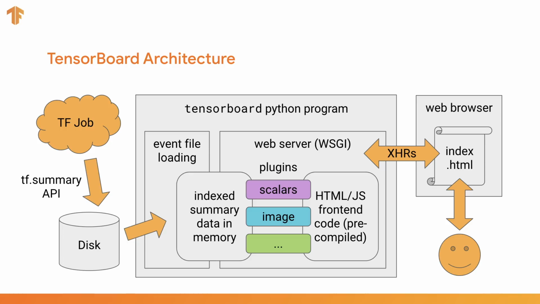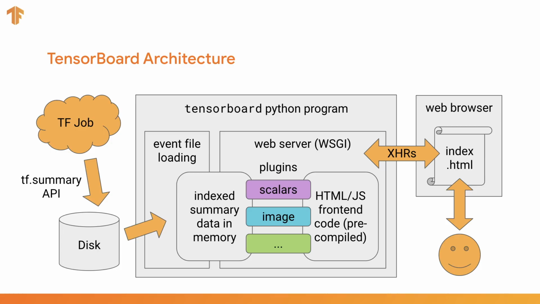And then the rest of TensorBoard is a web server that has a plugin architecture. So each dashboard on the front end has a specific plugin backend. For example, the scalars dashboard talks to a scalars backend, images to an image backend. And this allows the backends to do pre-processing or otherwise structure the data in an appropriate way for the front end to display.